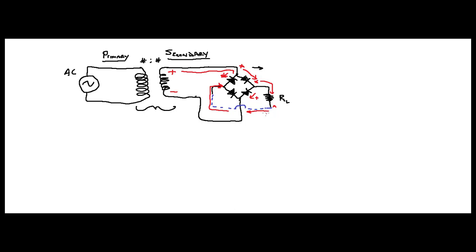Then you're going to come back this way, all the way up here. So this voltage right here is going to be less than the voltage over here. So it cannot go that way, right? Because it's reverse bias.